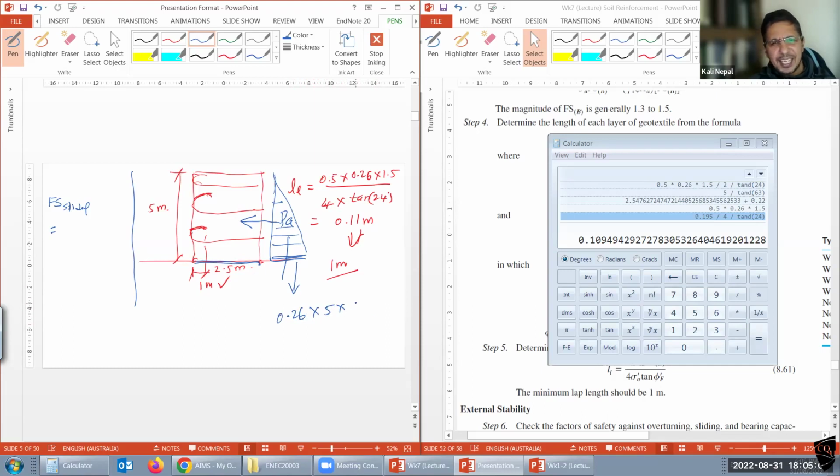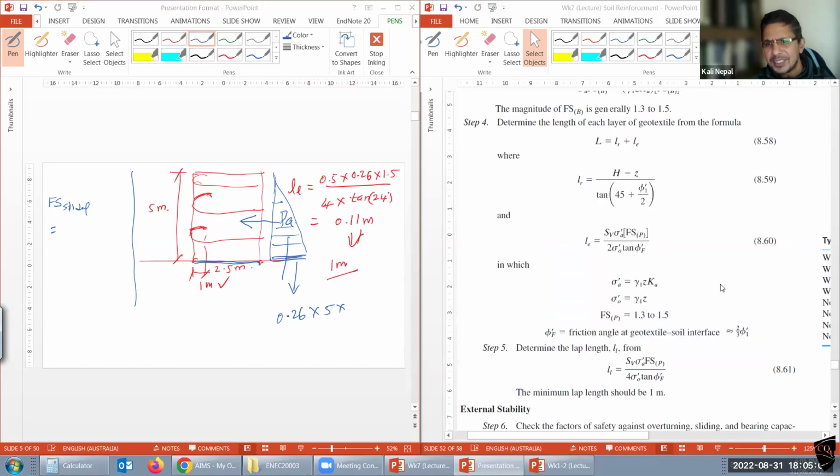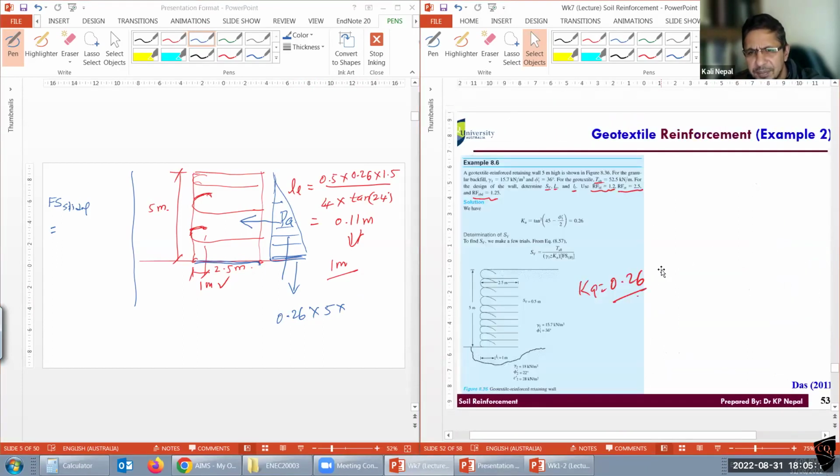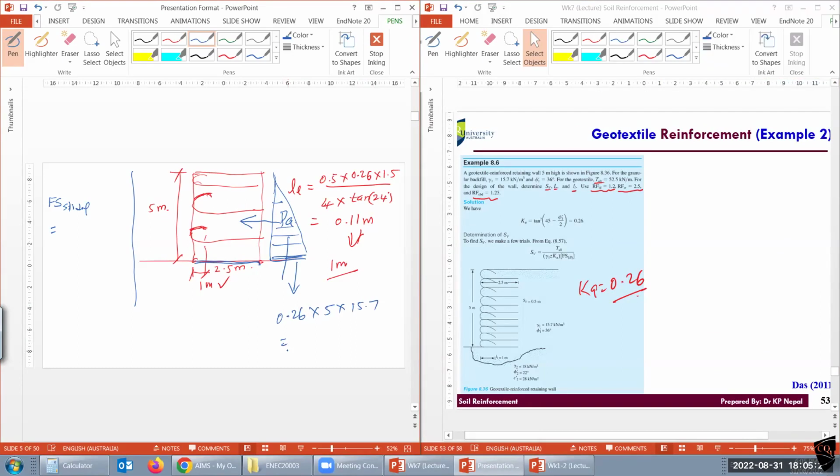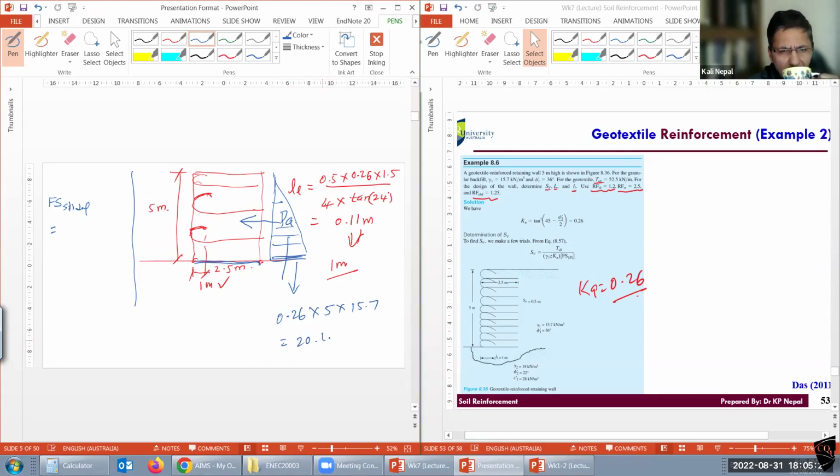Gamma, right? Gamma of the soil, how much was that there? Backfill material, 15.7. Could you please calculate that for me? 20.41. 20.41, right? Kilonewton per meter square.